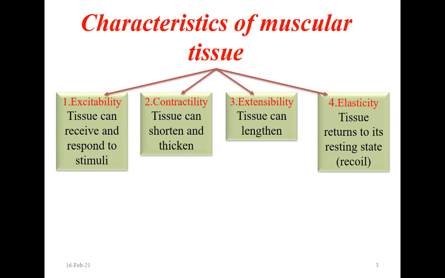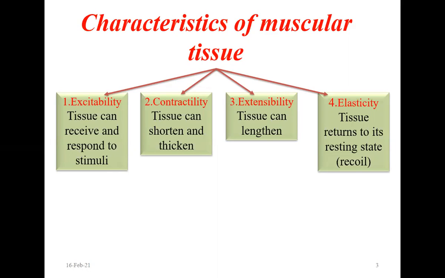Whenever a nerve is innervating a muscle, it will receive as well as respond to stimuli whenever it receives impulses from the outside, from the nerves. So the muscle cells and tissues have the capacity to receive as well as respond to stimuli. We'll see what exactly it means.